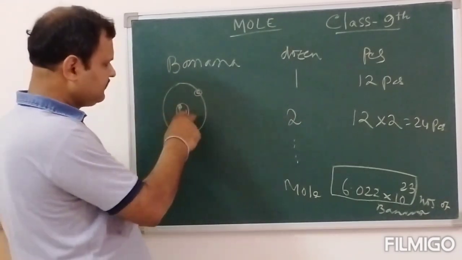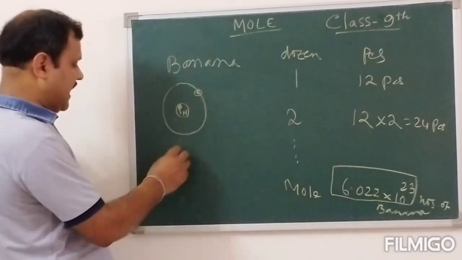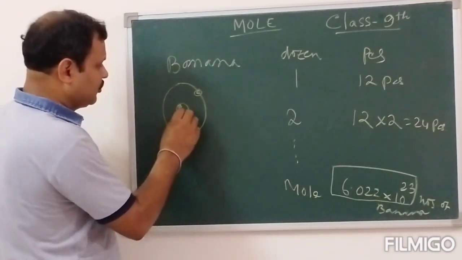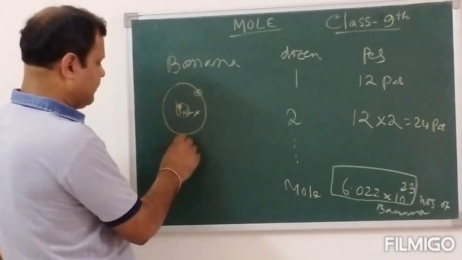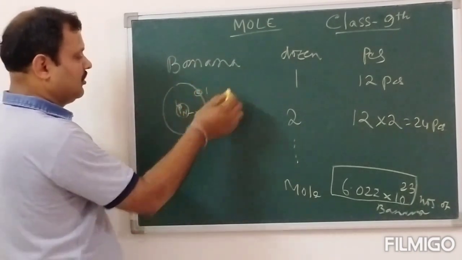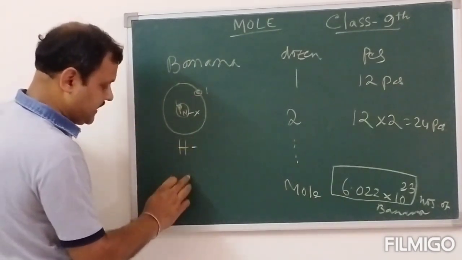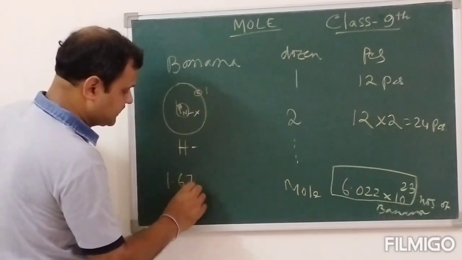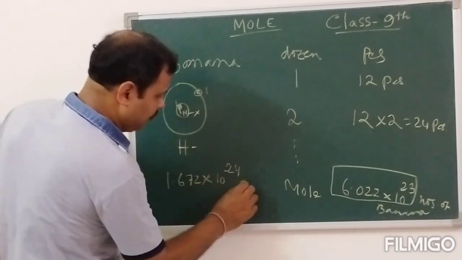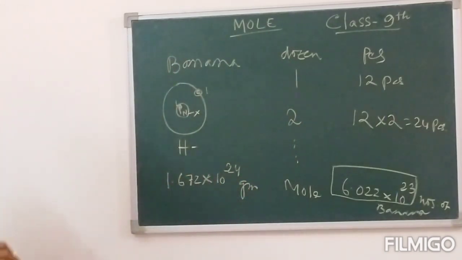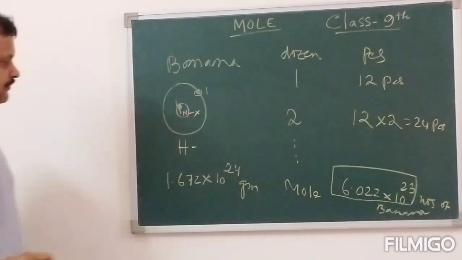If you talk about the mass of an atom, suppose a hydrogen atom, it has 1 proton, no neutron, and 1 electron rotating around. The mass of a hydrogen atom is 1.672 into 10 raised to minus 24 gram. So you can think how very small the mass of any atom is.